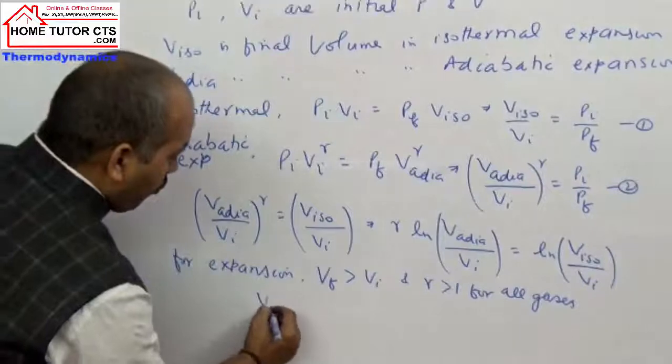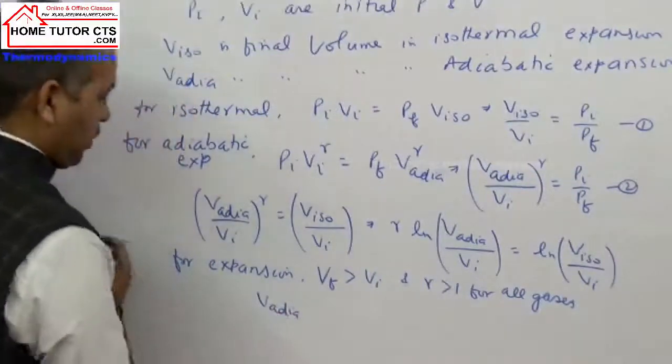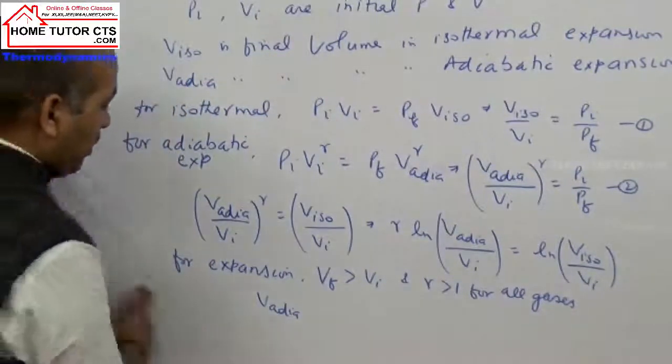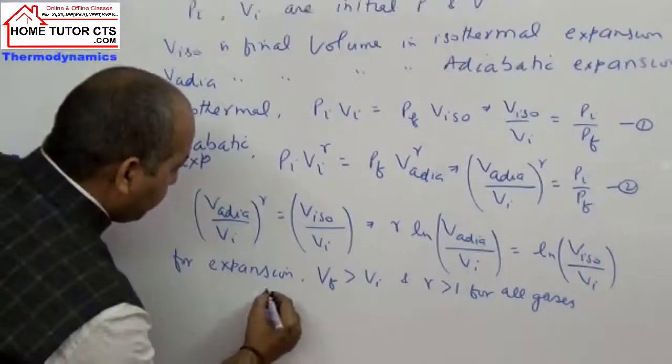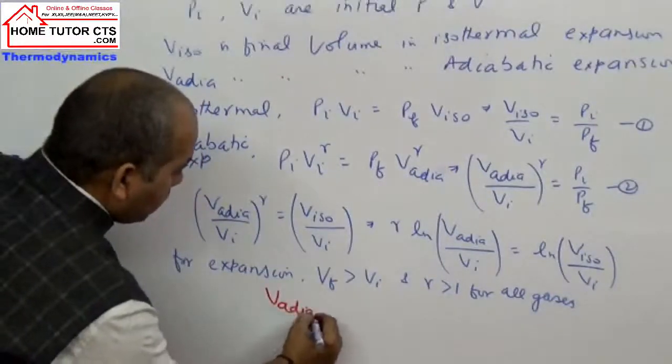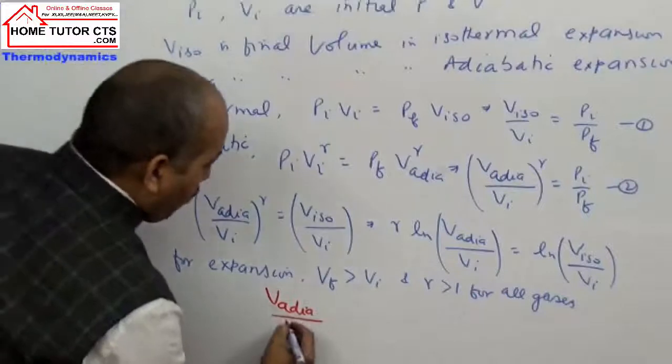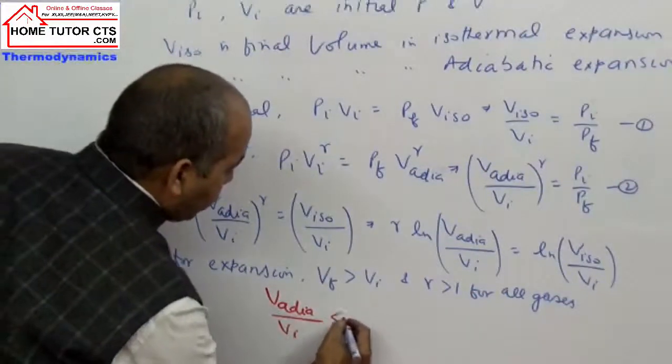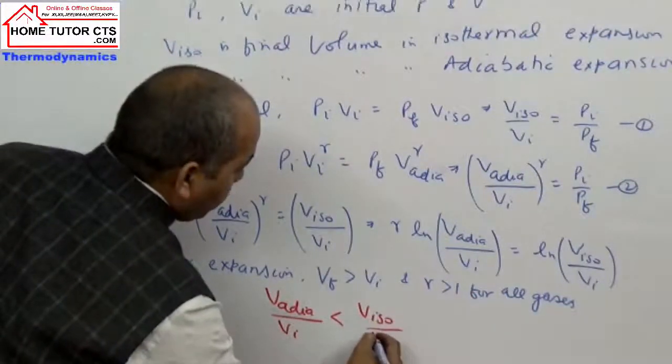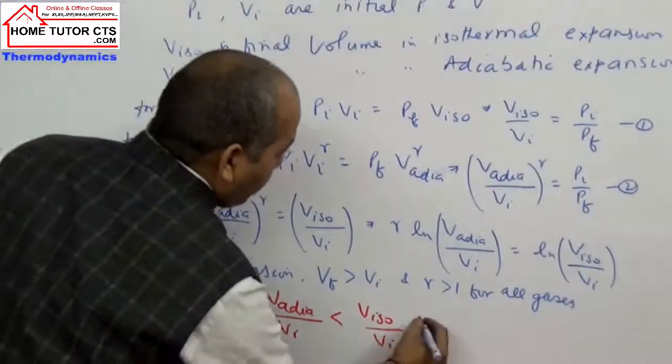So I can write here, taking the last conclusion: V adia by V initial is less as compared to V iso by V initial.